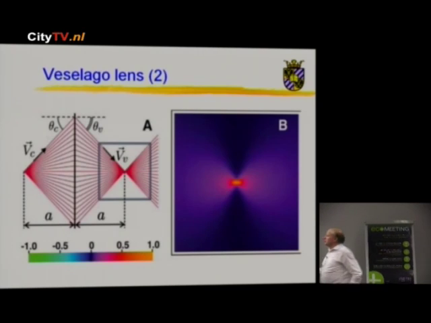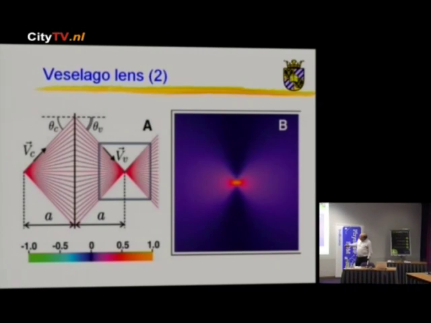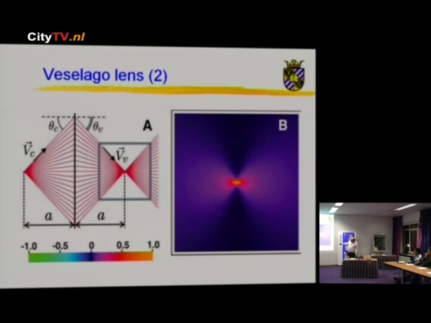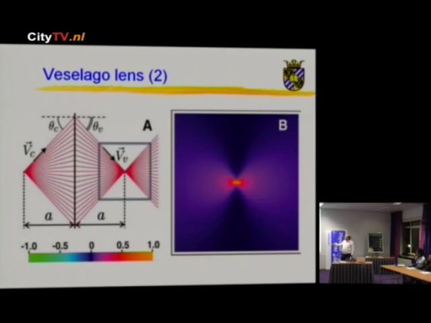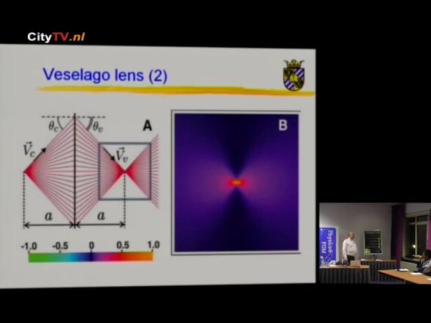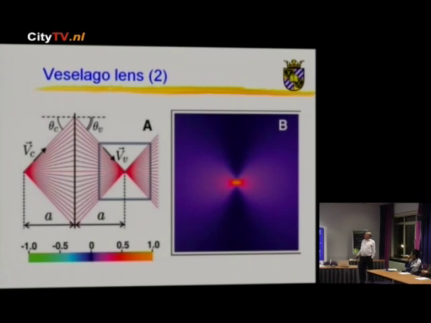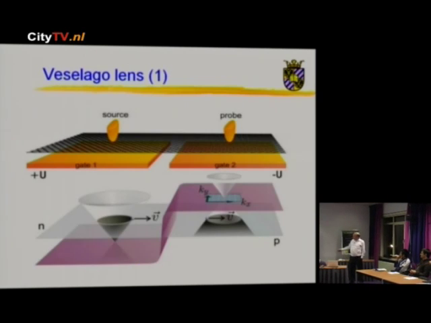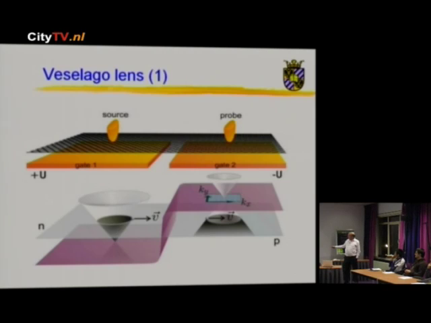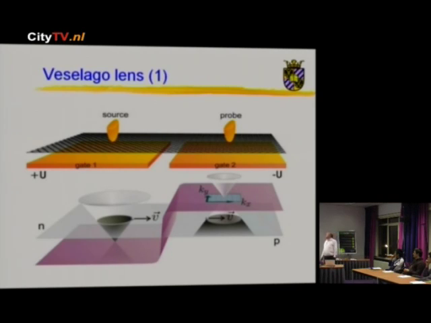That doesn't work, because if you put your point here, there will still be some focusing, but the electrons will not all end up in the same point. So you really have to have a symmetry between the two sides. But then you can change the strength of your lens by changing these two gate voltages. I don't know if this is a very useful thing, but certainly it's a nice example of the strange behavior of electrons in graphene.